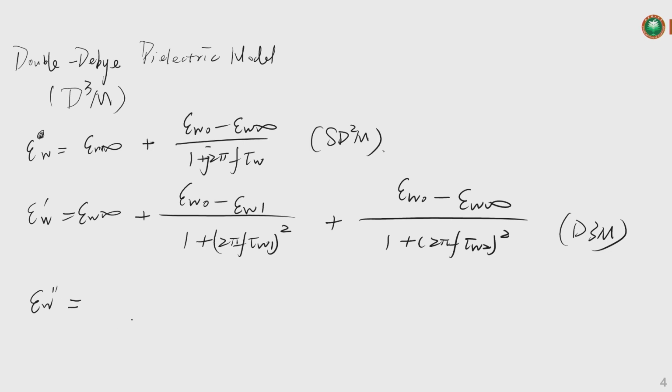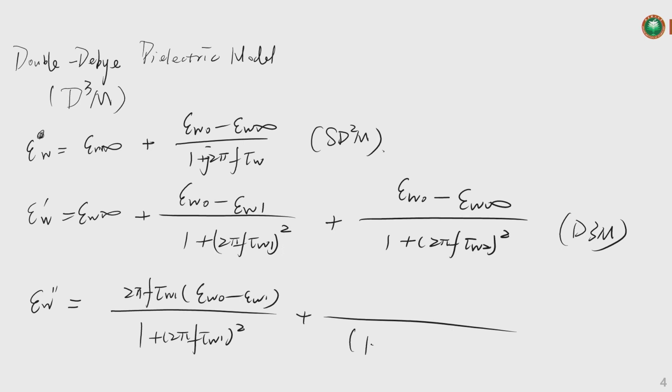So it equals 1 plus (2 pi f tau w1) squared and 2 pi f tau w1 times epsilon w0 minus epsilon w1, times this term, 1 plus (2 pi f tau w2) squared and 2 pi f tau w2 times epsilon w0 minus epsilon w infinity.